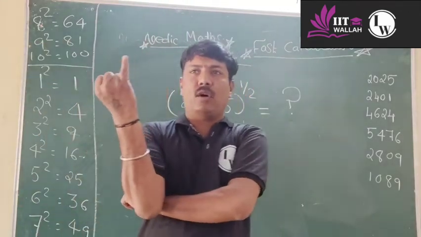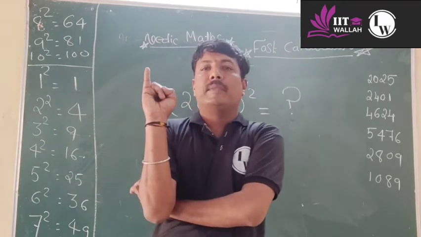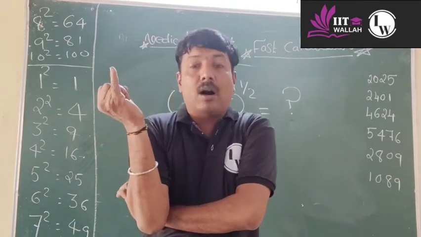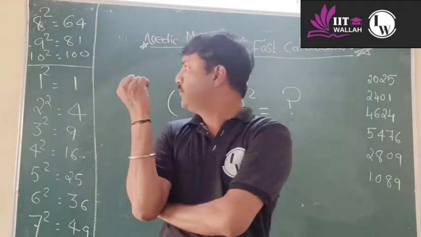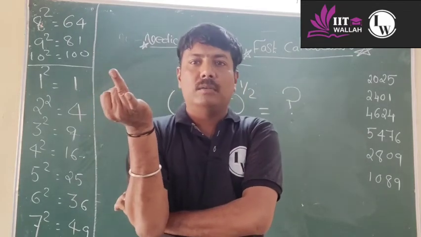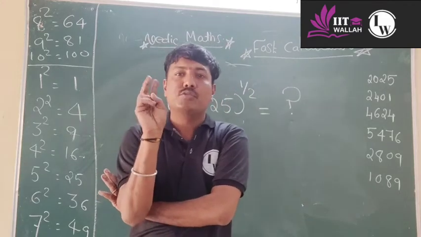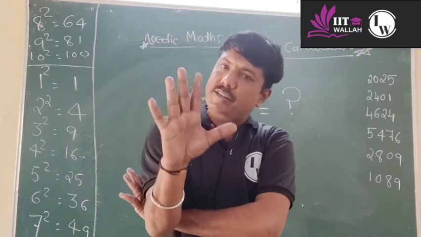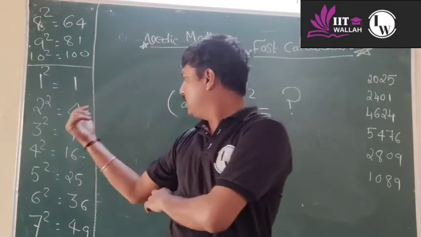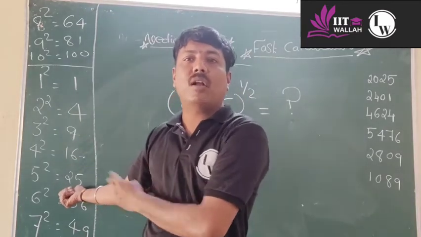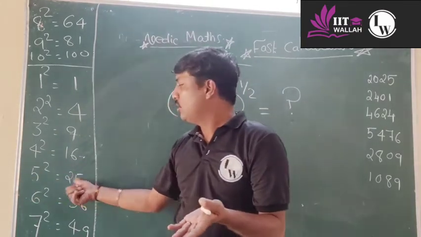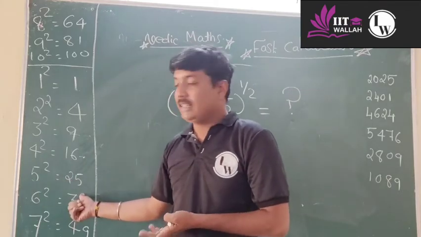If a number ends with 1, its square root ends with 1 or 9. If a number ends with 4, its square root ends with 2 or 8. If a number ends with 5, its square root only ends with 5. Here there are no two options, only one option.